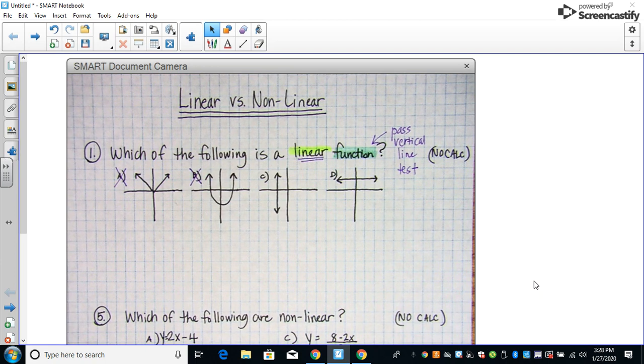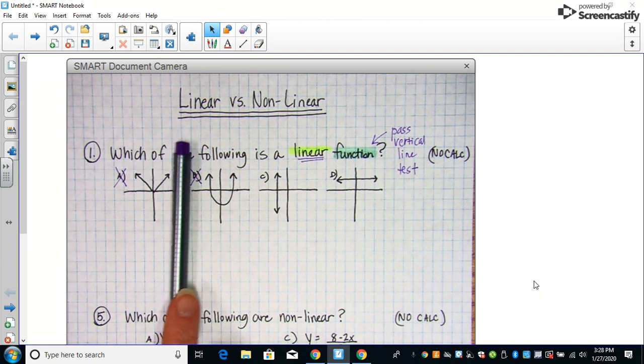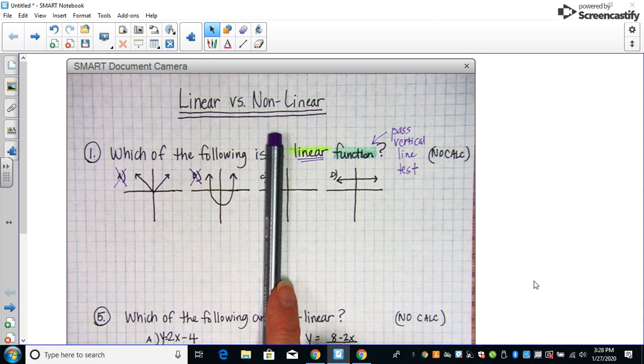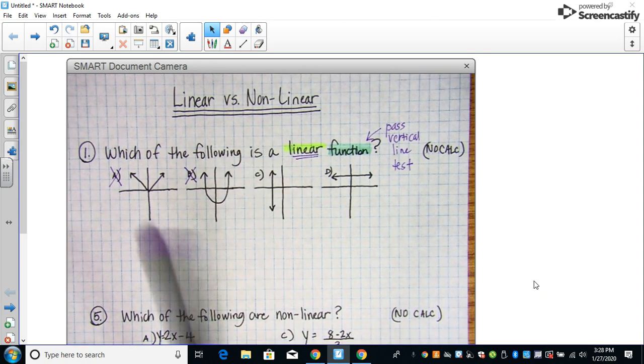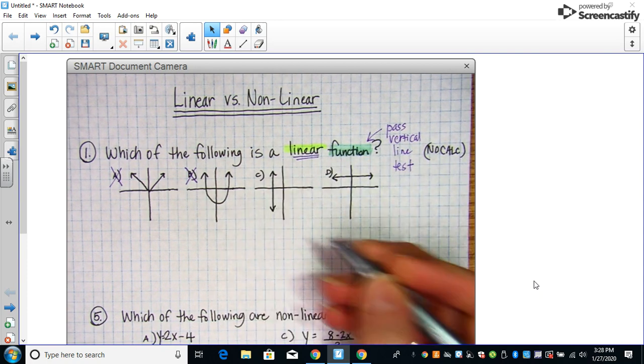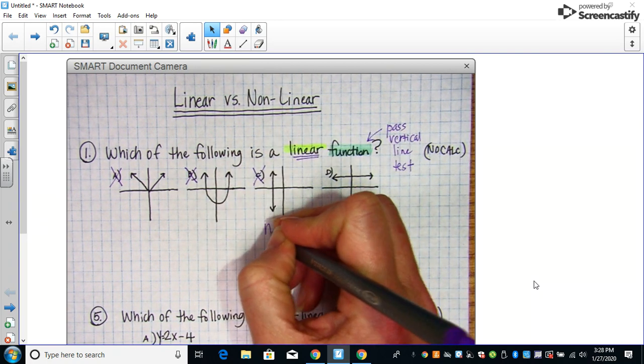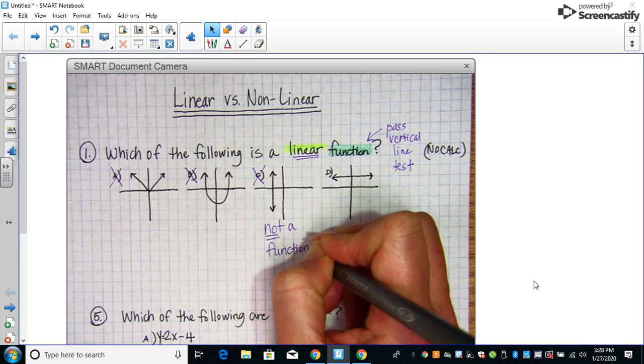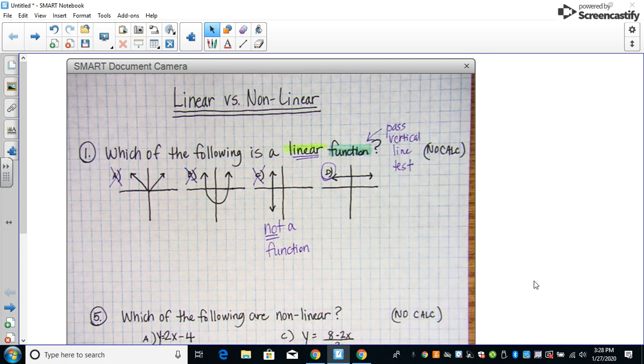And we talked about dragging your pencil across. If we drag the pencil across and we hit this line, this would not be a function because it would touch all the way down. C is out because it's not a function. So the correct answer for this one would be D, a horizontal line.